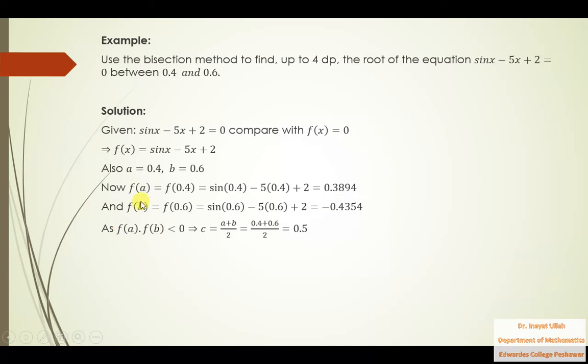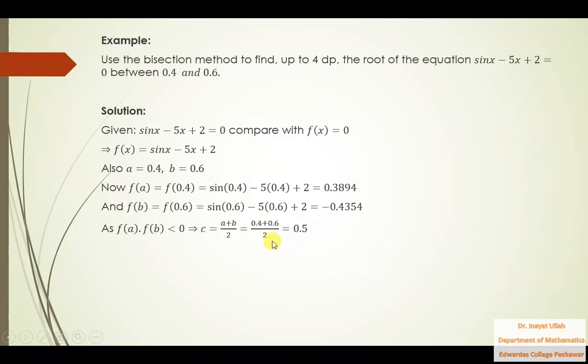So f of a into f of b is negative. So c will be obtained by adding a and b and dividing by 2, because c is the midpoint. Replacing a by 0.4 and b by 0.6, this is the value of c.